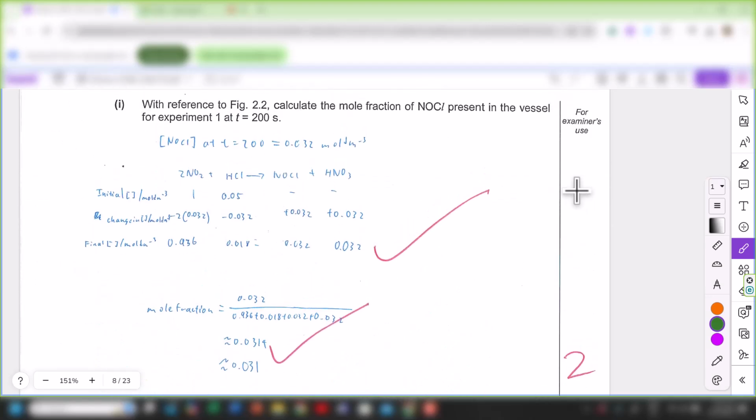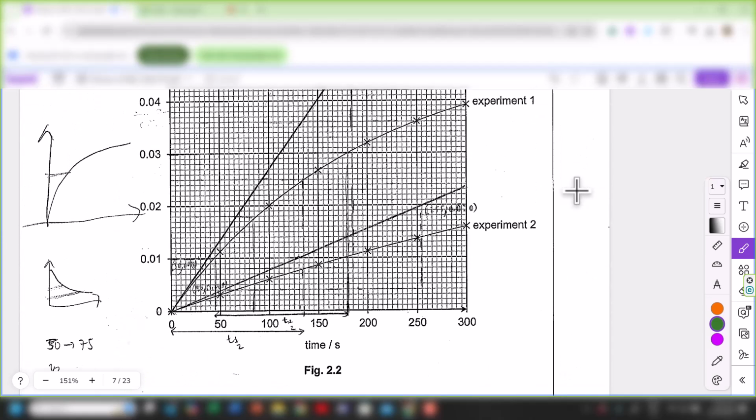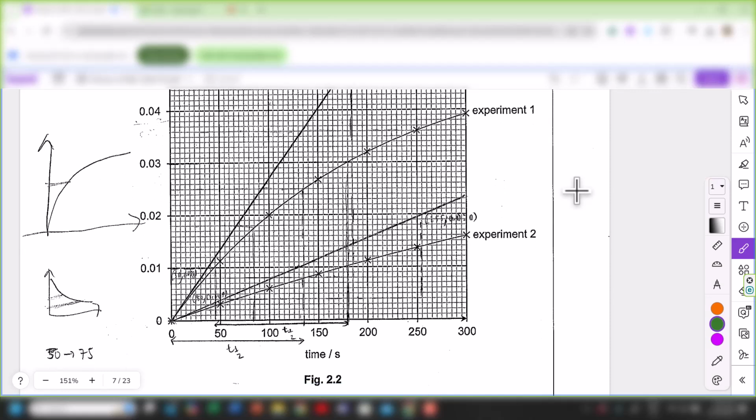For part 1, they ask you to calculate the mole fraction with reference to figure 2.2 present at t equals 200 seconds. So what you need to do is go to 200 seconds and look at the concentration of NOCl.